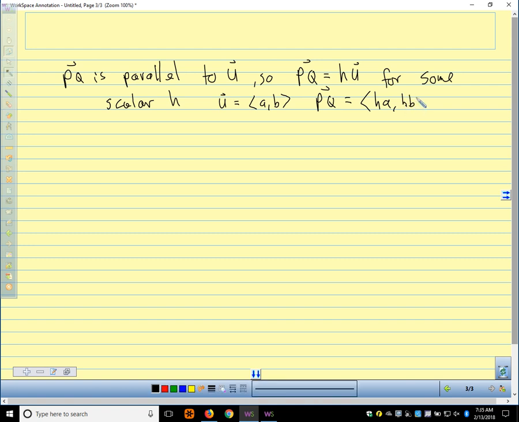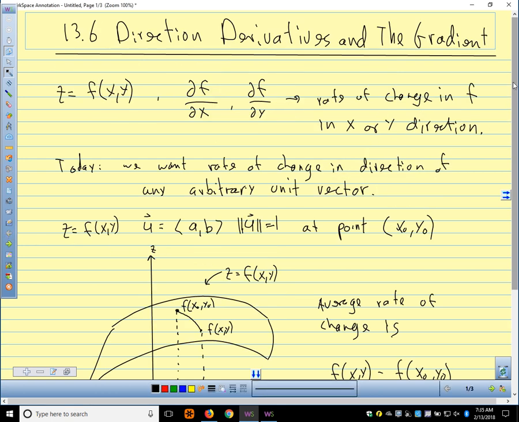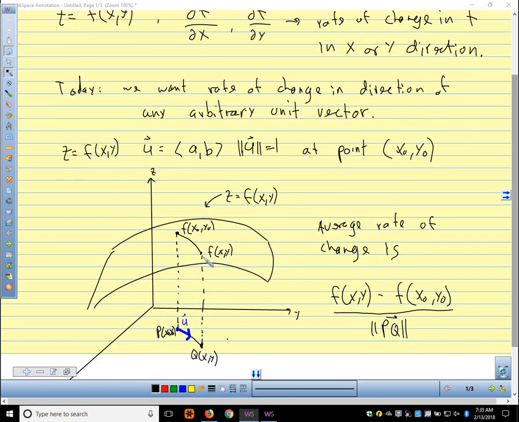And our points here in the plane, let me go back here. This point xy is going to be x0 plus some scalar multiple times a, plus y0 plus some scalar multiple times b.